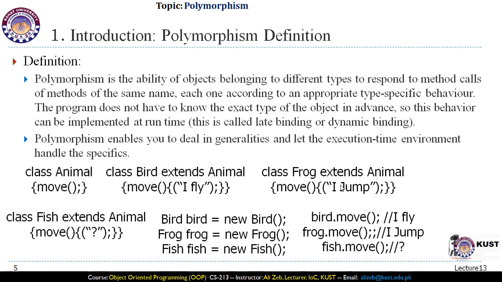And all of this happens at runtime. We do not need to, and we will see this in the future examples as well, tell the compiler in advance what object we are going to call this method on. That will be decided at runtime.